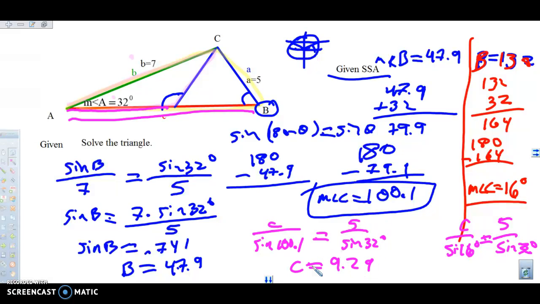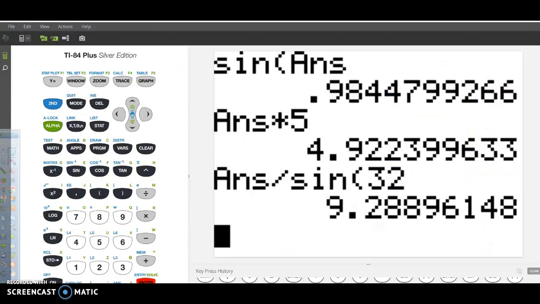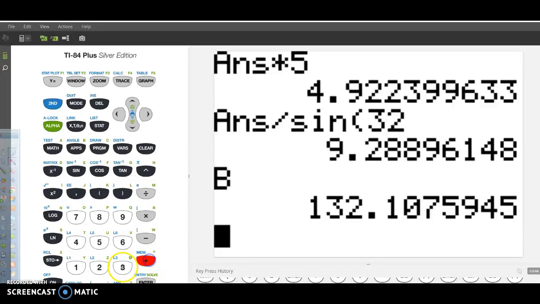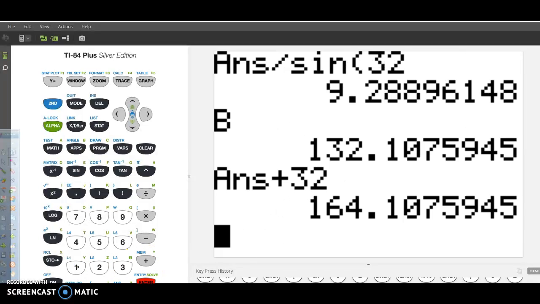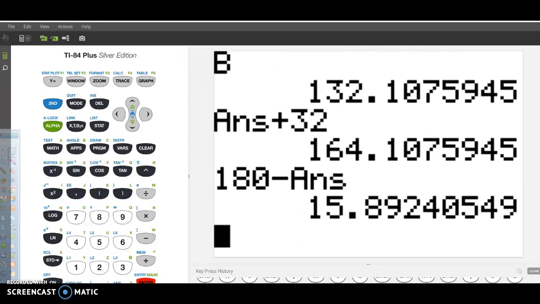And the other possibility is about the 16. So let's see, alpha B, which was 132. We're going to add 32 to that, and then 180 minus the answer. That's the 16, and we take the sine of that answer.